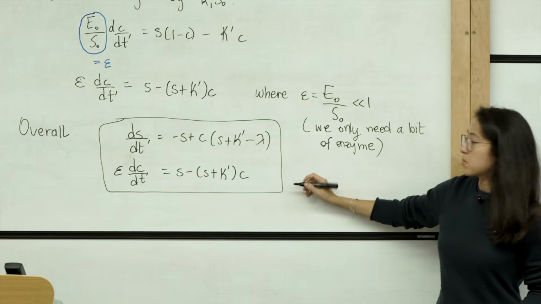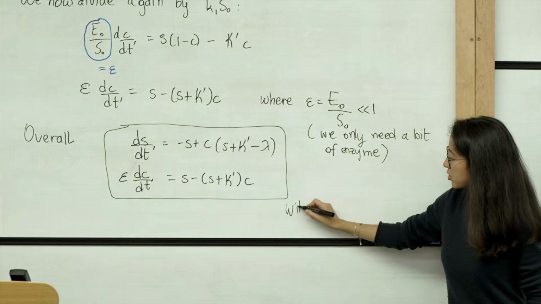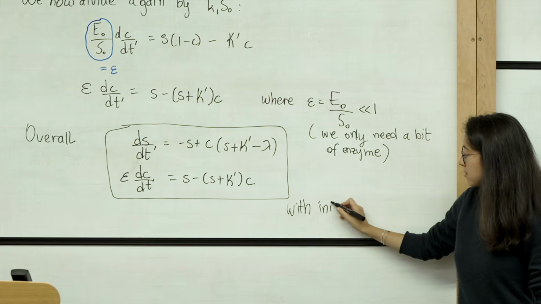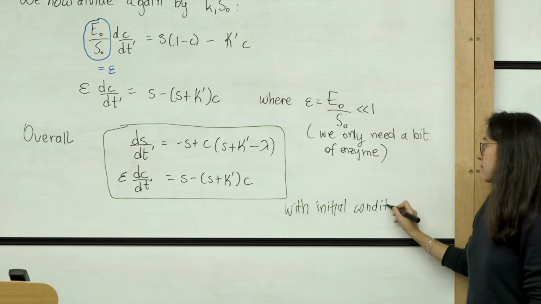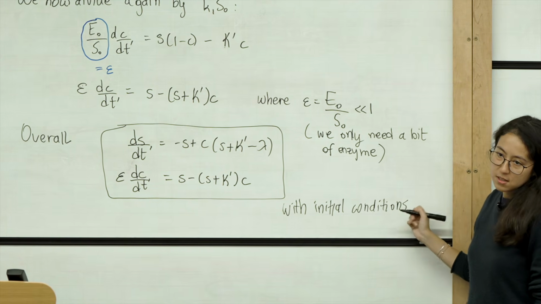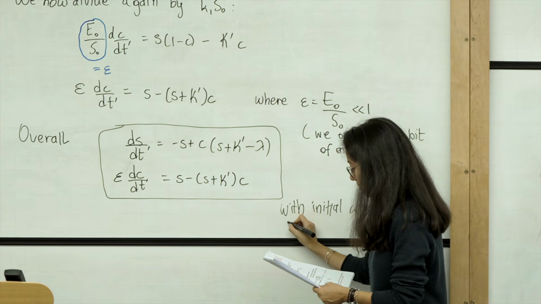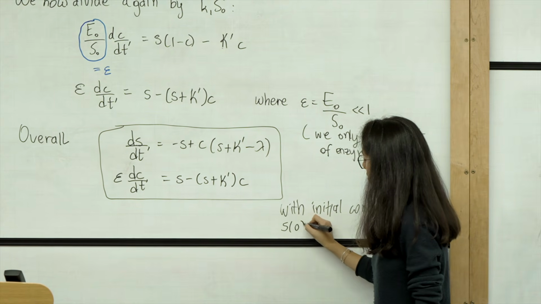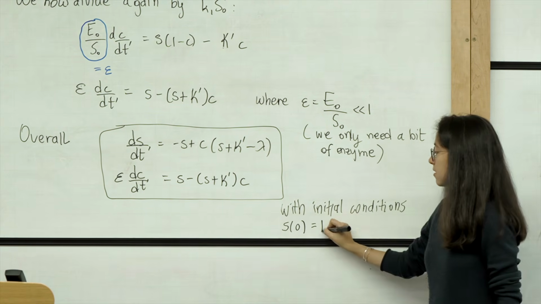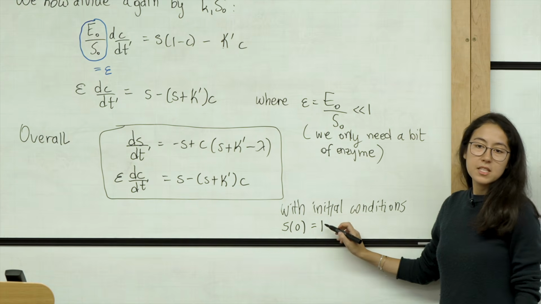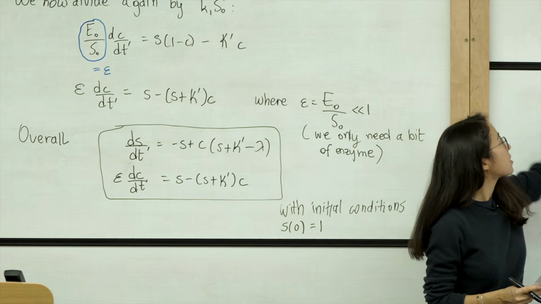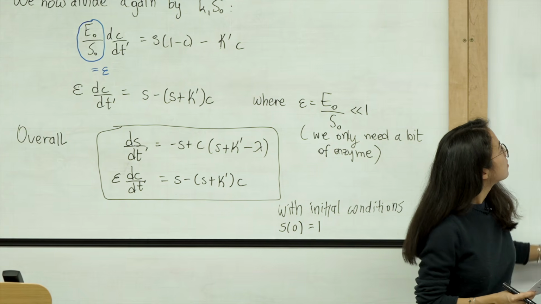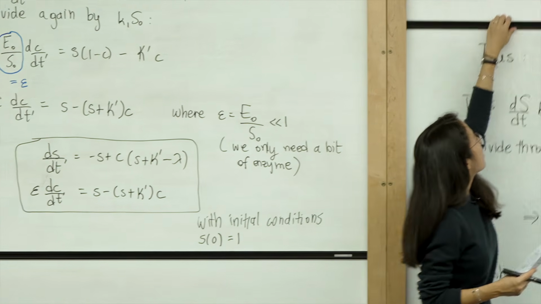You can say here, by the way, with initial conditions, again, if I want to solve it, I need some initial conditions. And those should be for S and C. Because I have basically S0, if you remember, and then from the non-dimensionalization that I just covered, I have this.